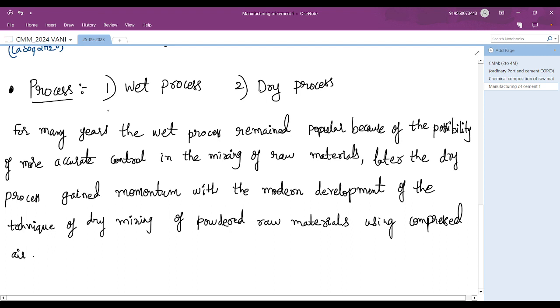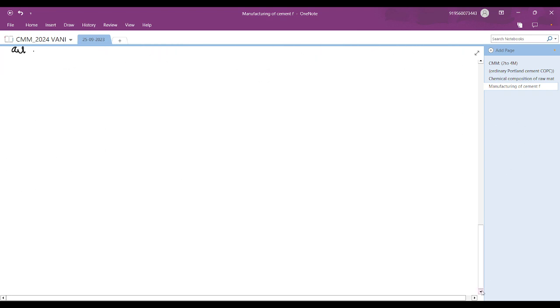Now let us try to understand this wet process and dry process with a schematic flow chart. So first one, wet process.